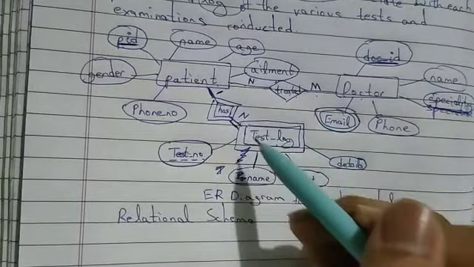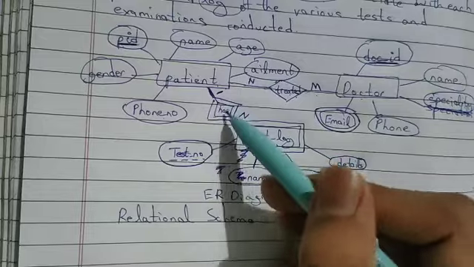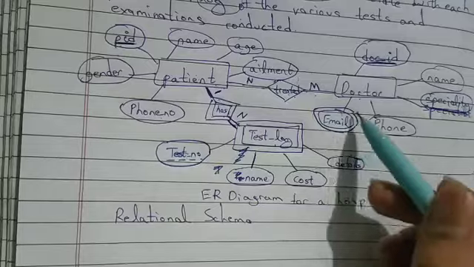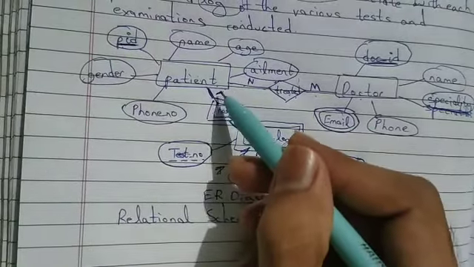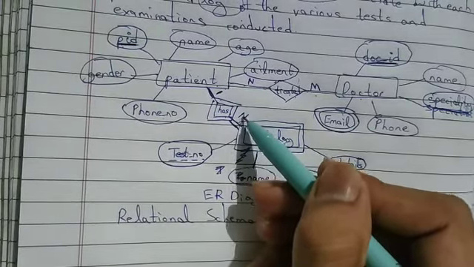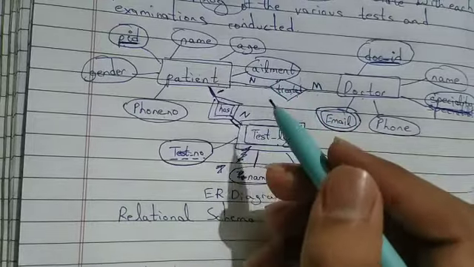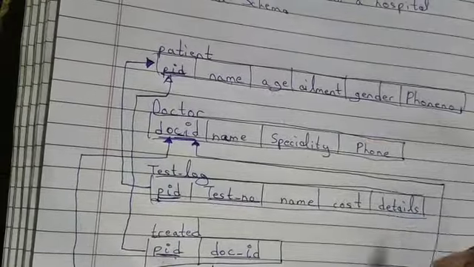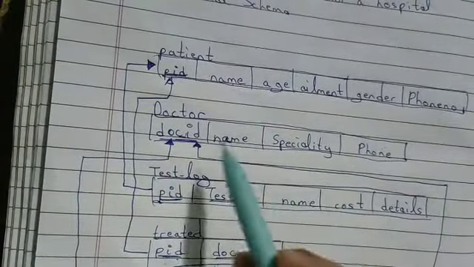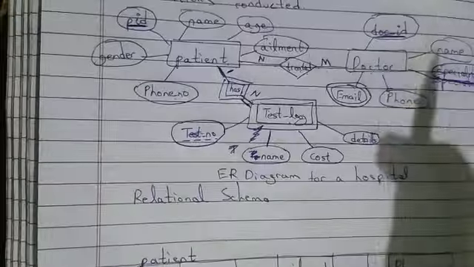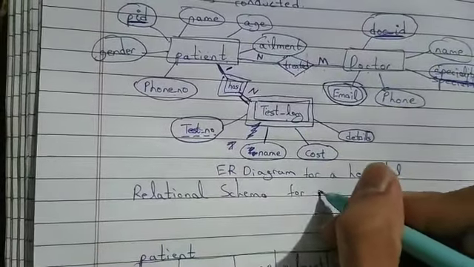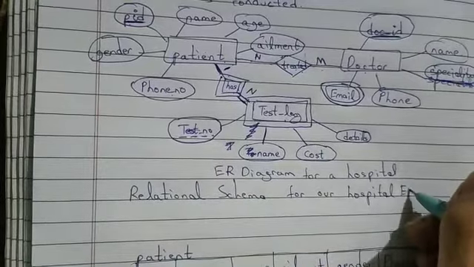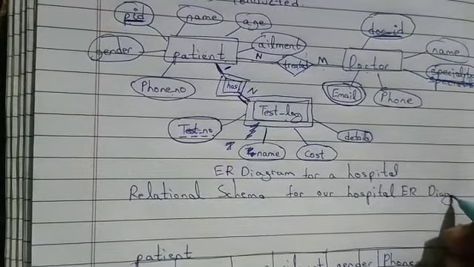Since this one was a weak entity, we used a double diamond; this is your identifying relationship. And this is our multi-valued attribute over here. Also don't forget the cardinalities, that is 1 to n, n to m. It could be 1 to 1 also, depending on what ER diagram you're making. And similarly, we converted it into our relational schema step by step. Relational schema for our hospital ER diagram.